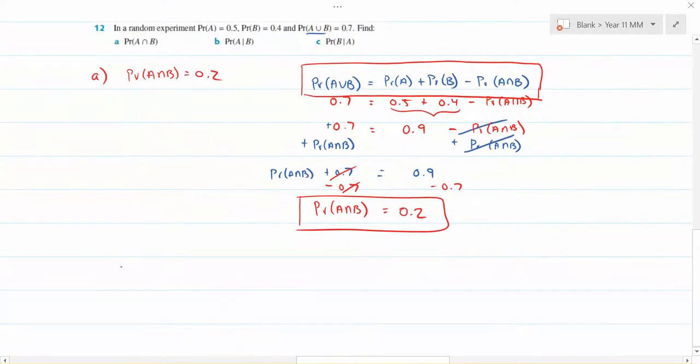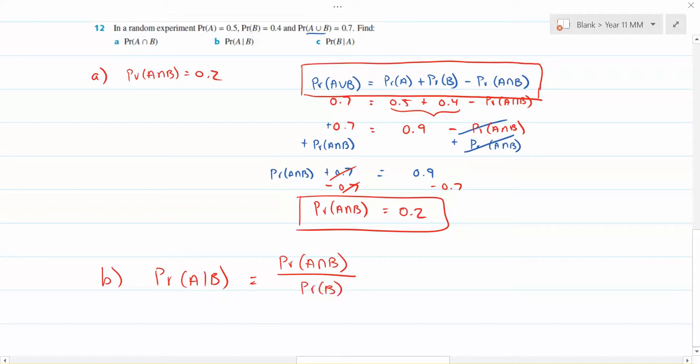B tells me to find the probability of A given B. Hopefully, if you're watching this video, you're very familiar with the formula now. The probability of A given B is the same thing as the probability of A intersection B over the chances of B, because that's what's happened first.